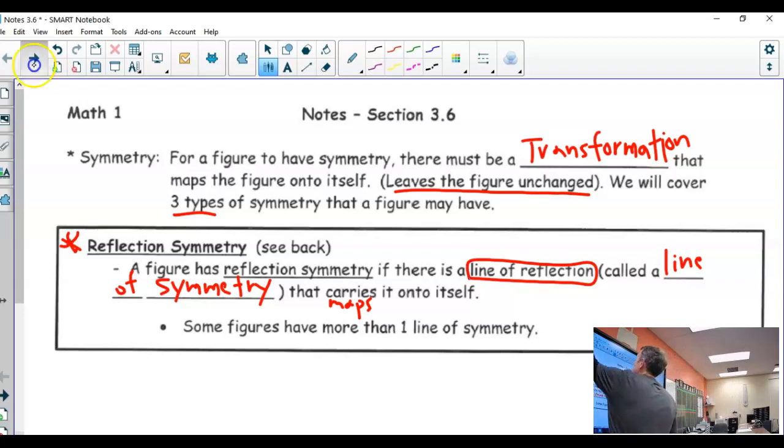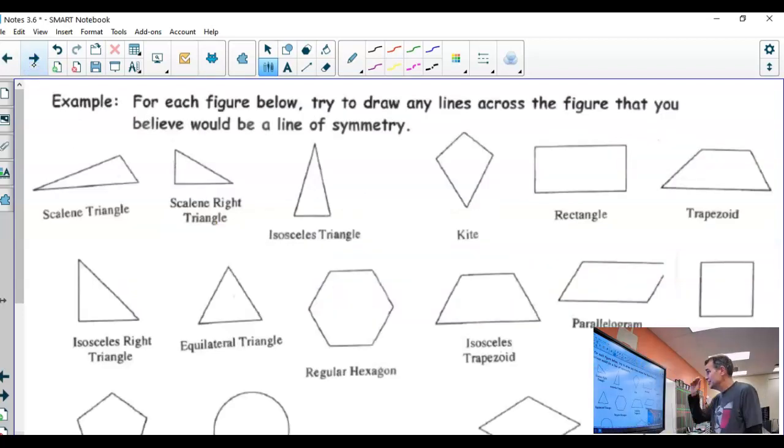Here I have a bunch of shapes, and what I would like you to try to do on your own is draw any lines that you think would be a line of symmetry. Like if you took the shape and folded it on that line, each half would match up with itself.